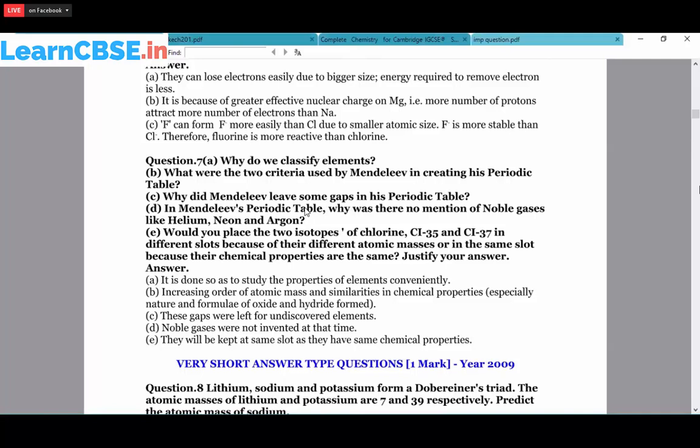Here both are chlorine atoms with the same chemical properties but different masses. So they will be kept in the same slot, as they have the same chemical properties according to Mendeleev's periodic table.